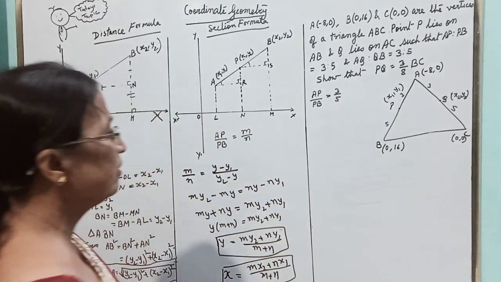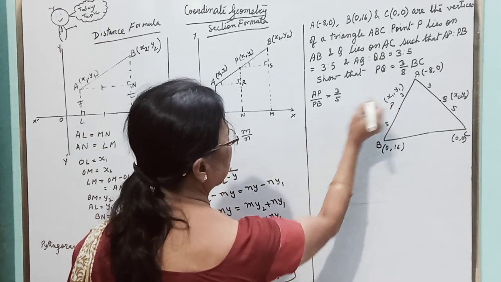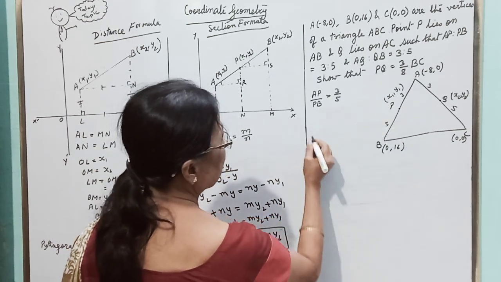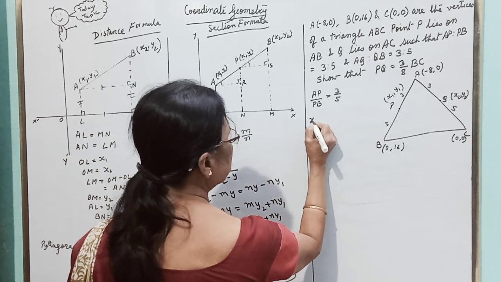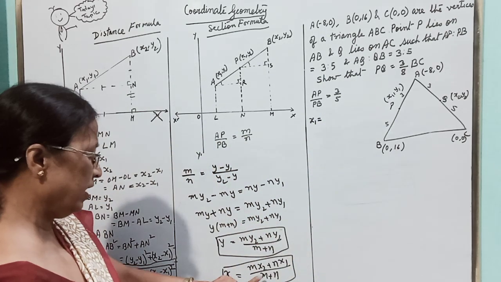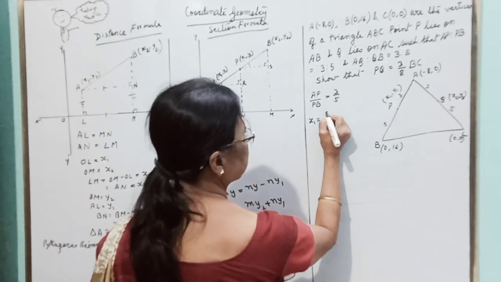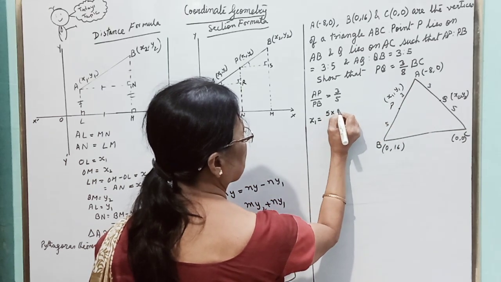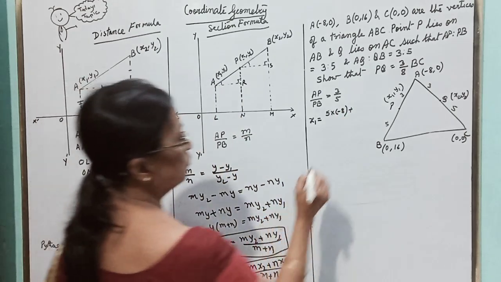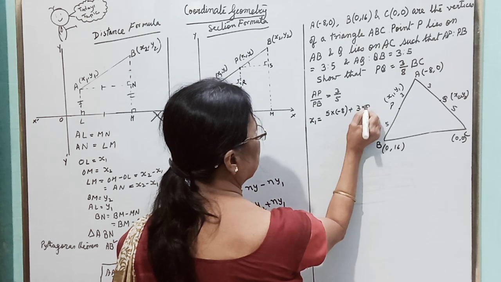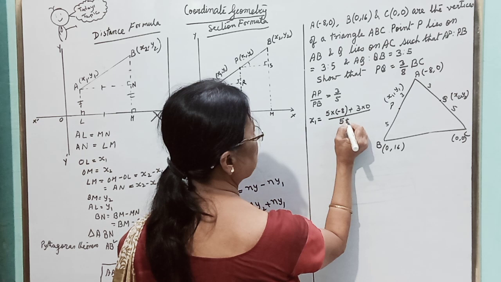Now you can take the formula for x. I am first finding the coordinate of P. So x1 will be equal to m into x2, 5 into minus 8 plus 3 into 0, divided by 5 plus 3.